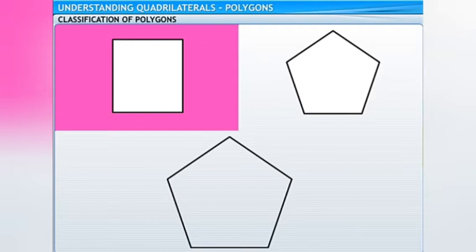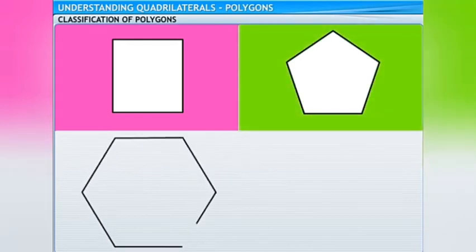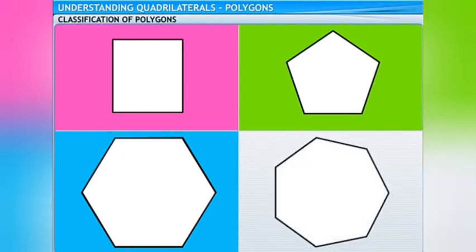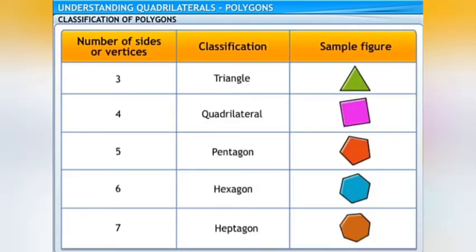In this manner, we can obtain a 6-sided polygon, a hexagon, a 7-sided polygon called a heptagon, and so on. If we have an n-sided polygon, it is called an n-gon. Take a look at the table to understand the classification of polygons according to the number of sides or vertices.